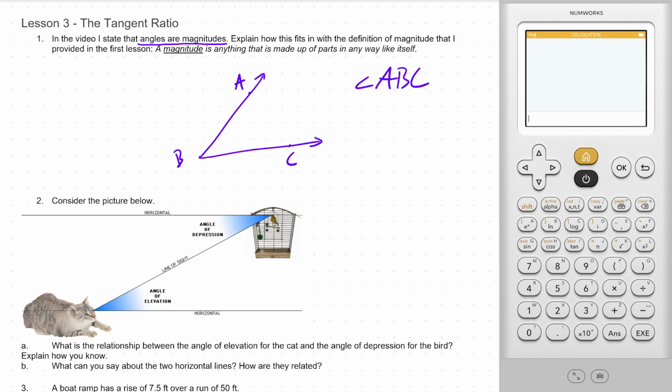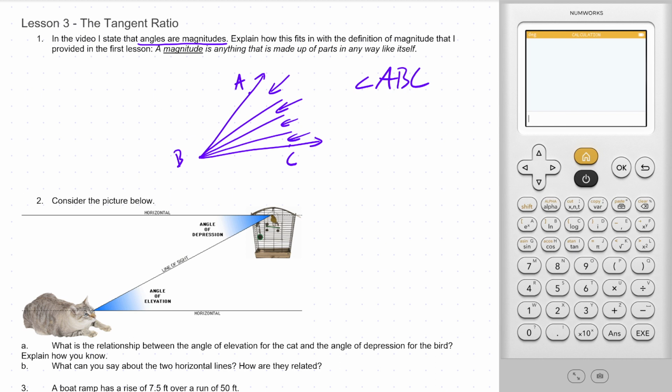Now what I'm claiming is that an angle is a magnitude, which means it can be made up of parts like itself. Well, if you divide up an angle, you get smaller angles, right? So all these parts are also themselves angles. And in that sense, an angle can be thought of as a magnitude because it's made up of smaller angles.